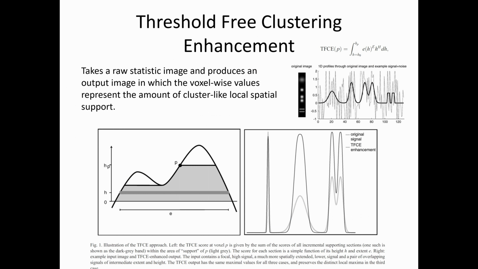FSL for the longest time was the only one that was really engaging in some level of permutation testing. What they also came up with, which is a very nice feature, is threshold-free cluster enhancement.